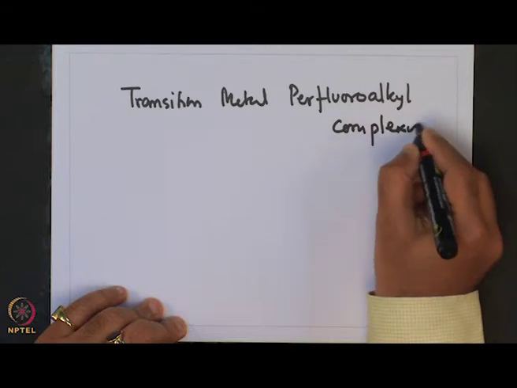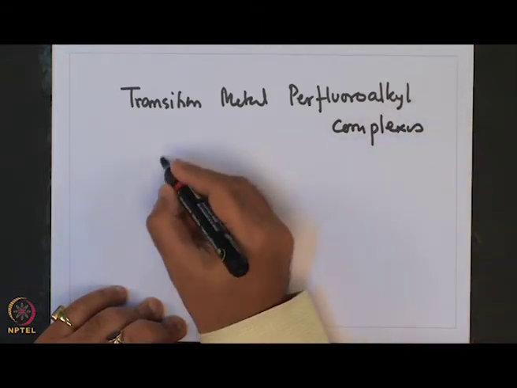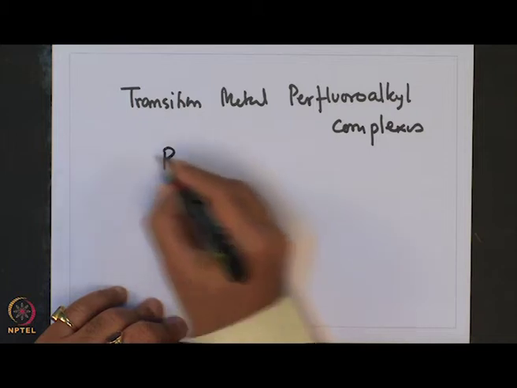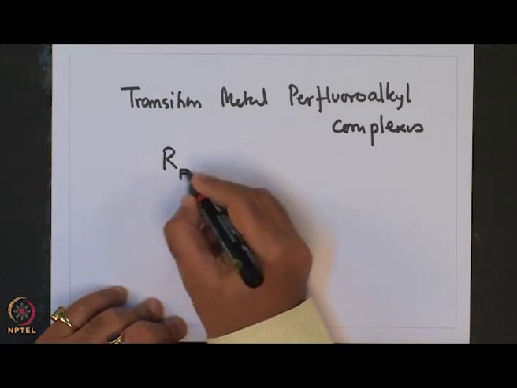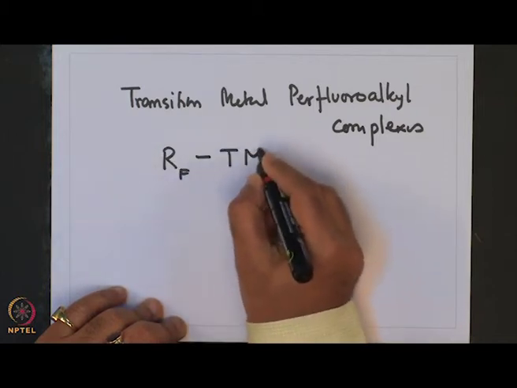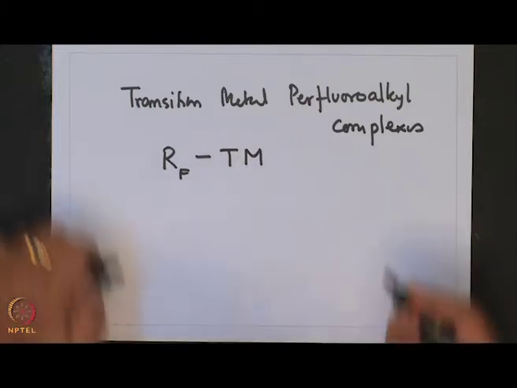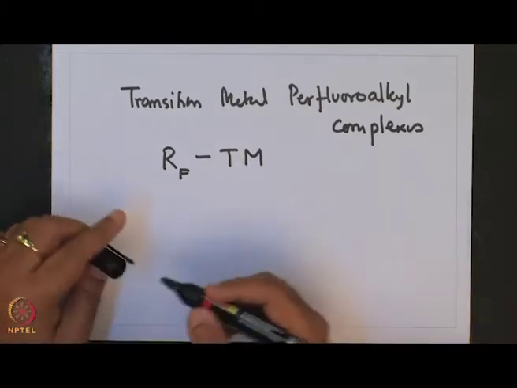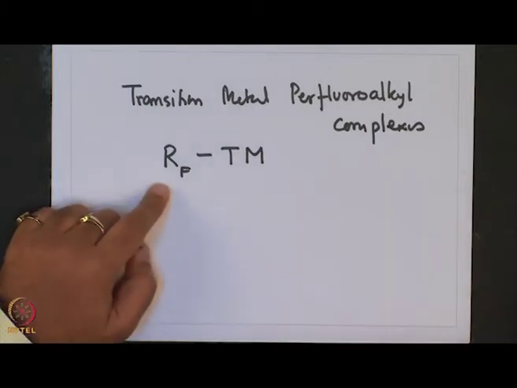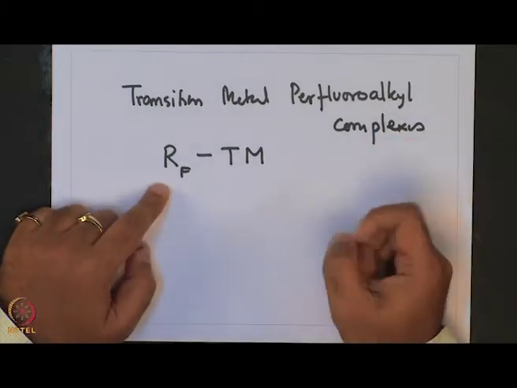And these are often designated as RF transition metal type compounds, where RF represents the perfluoroalkyl moiety.